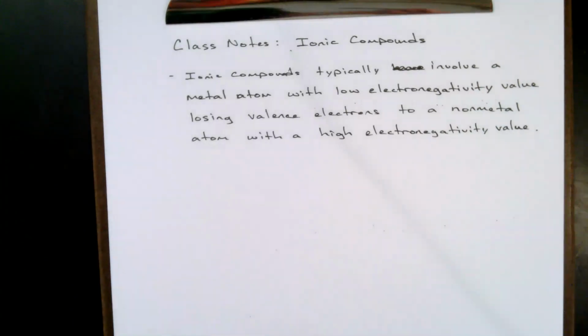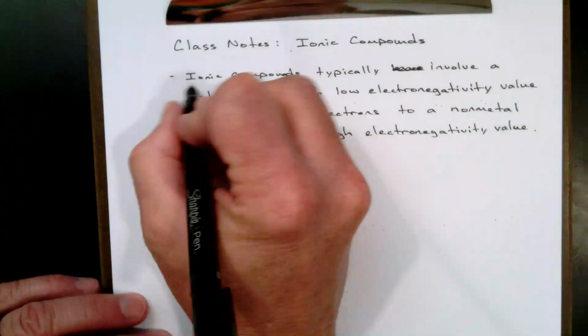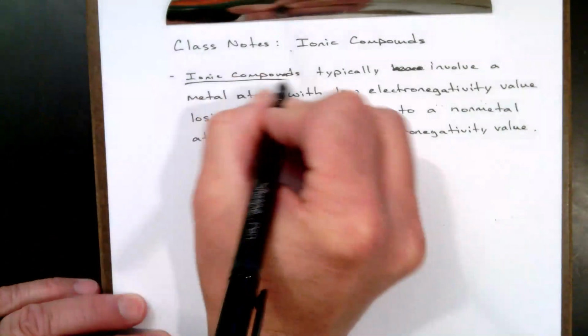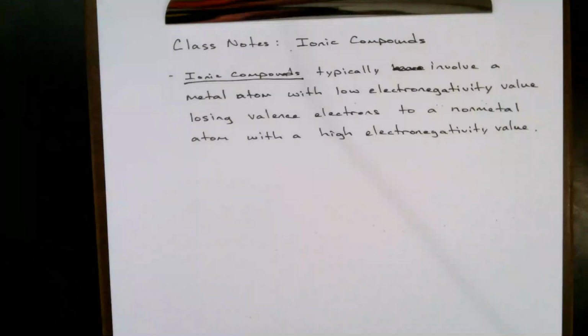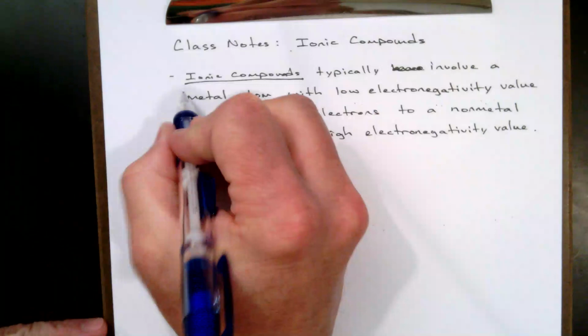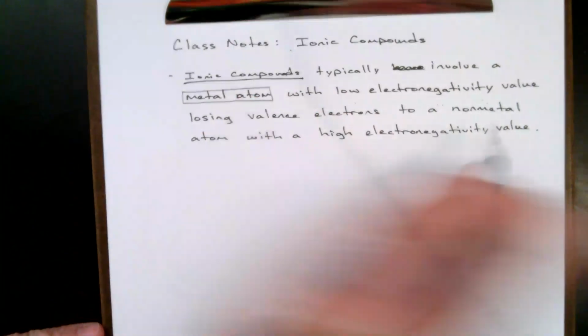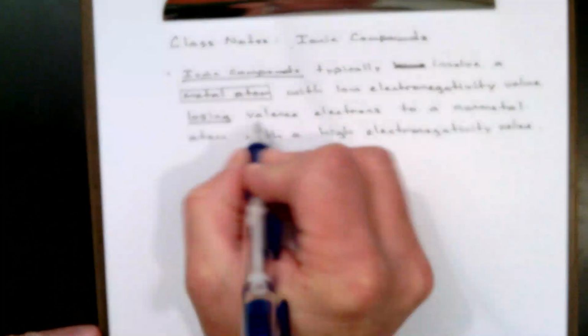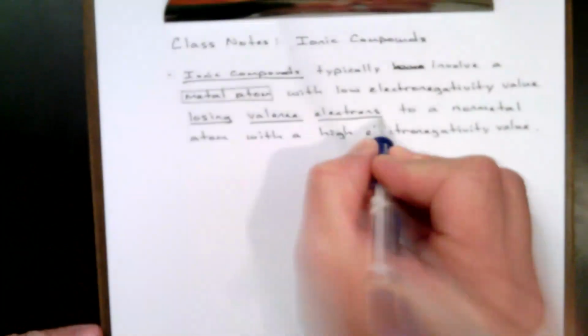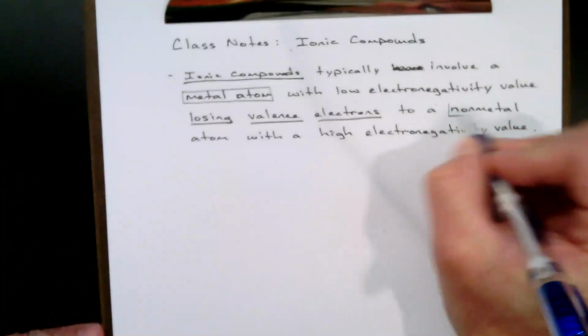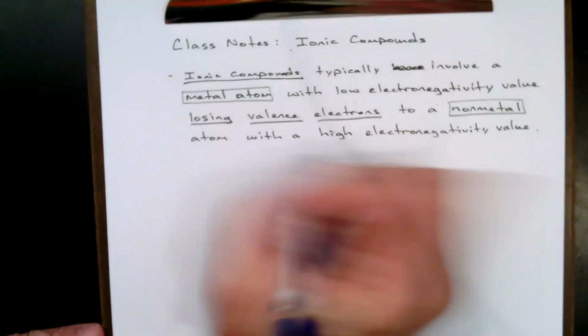Typically, this is what takes place when you are dealing with ionic compounds. The metal atom is going to be losing electrons to the non-metal atom.